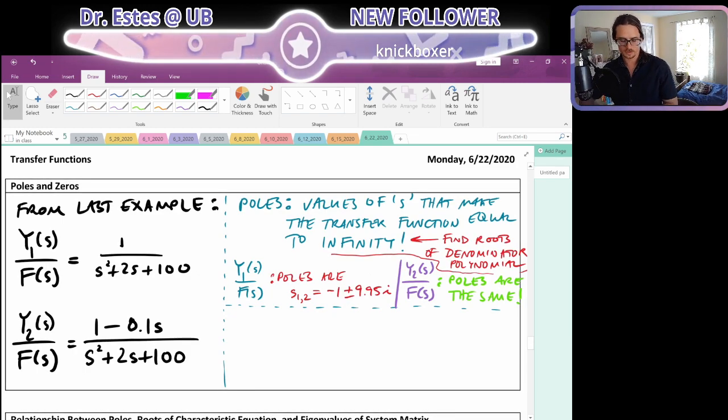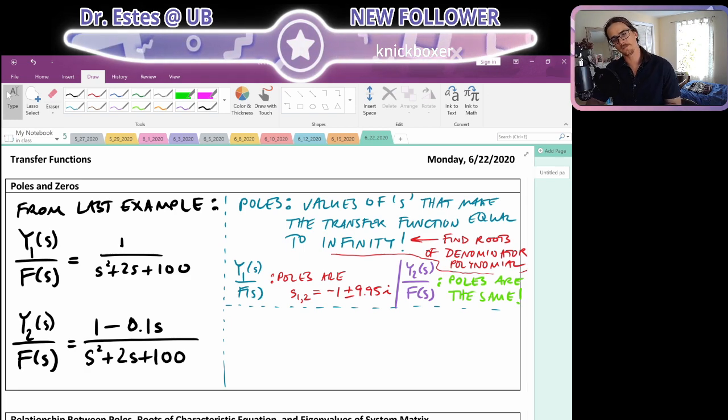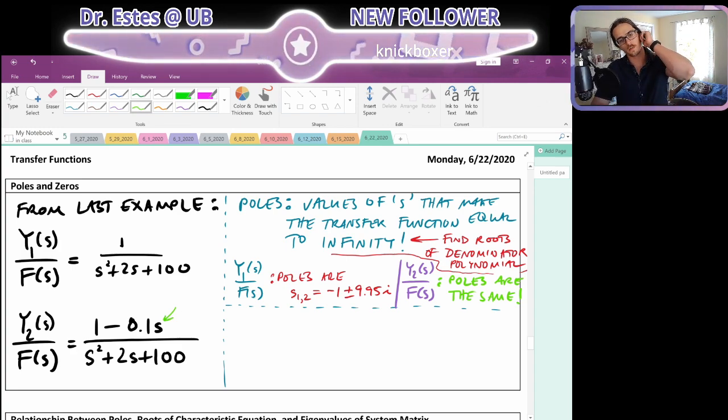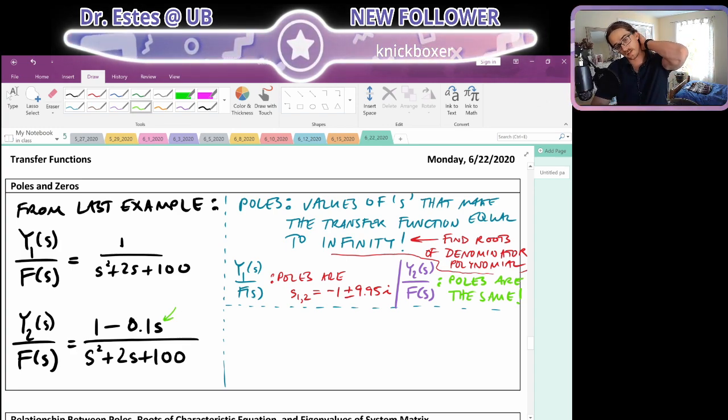The poles are the same because the denominator of these transfer functions is the same. And even if you're plugging this number into the numerator as well, you'll still have something divided by 0.